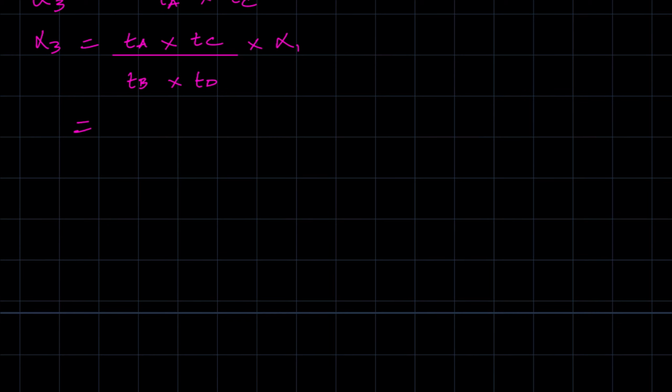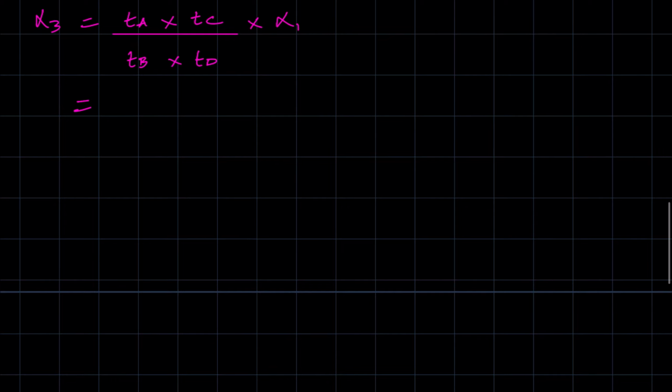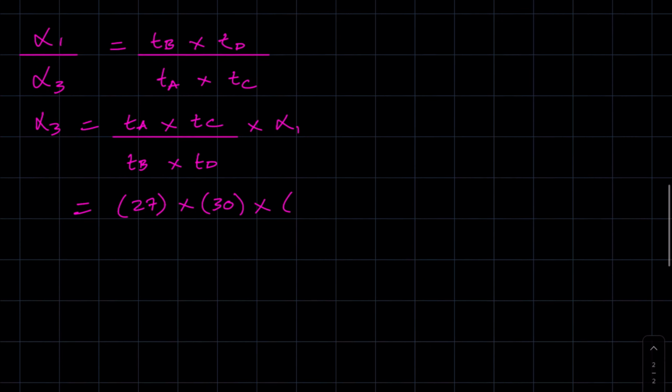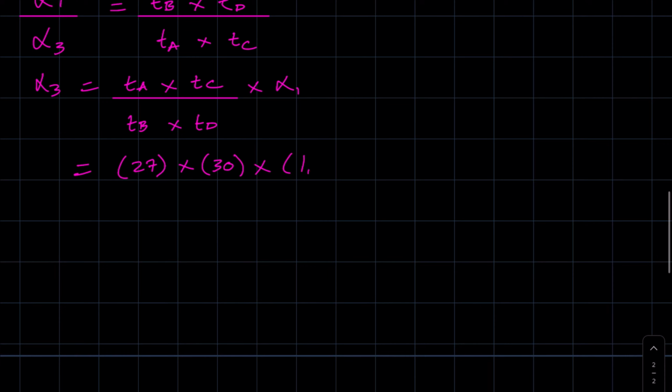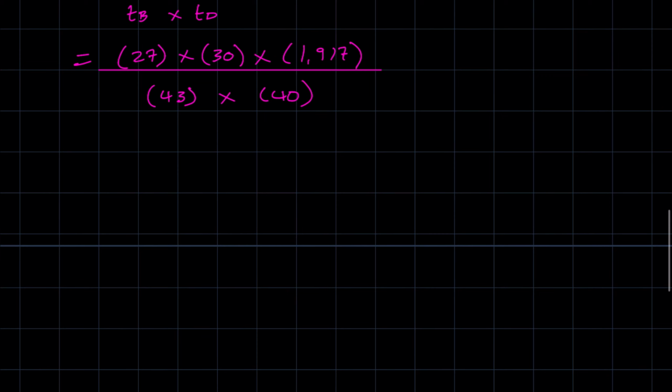So solving for this, we can now substitute. TA is 27, TC is 30, the angular acceleration we've just calculated is 1,917, all of this divided by TB, which is 43, times TD, which is 40.